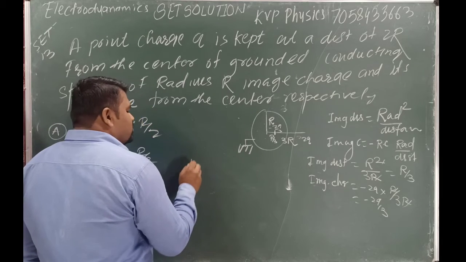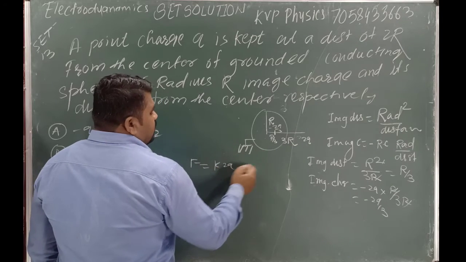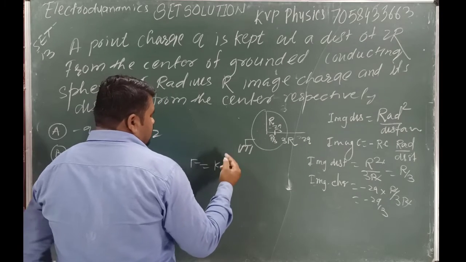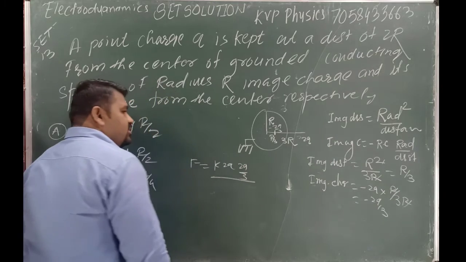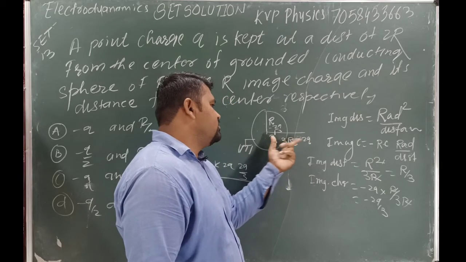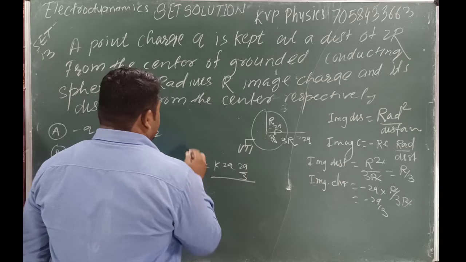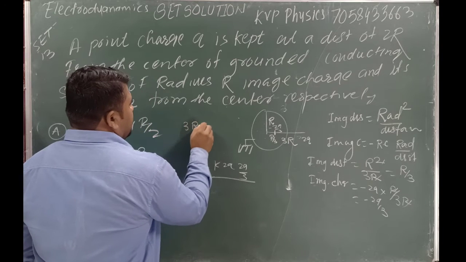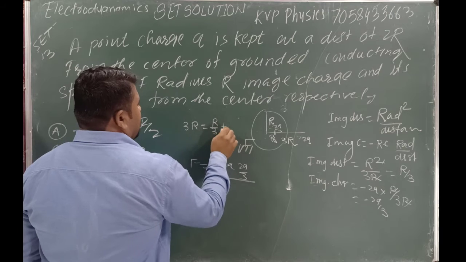Then we can find the force. F is equal to, first, the magnitude 2q times 2q by 3. Don't take the sign here, only take the magnitude. And what is the distance between them? Total distance is 3r. This one is r by 3. Then what is the remaining distance? 3r is equal to r by 3 plus x.